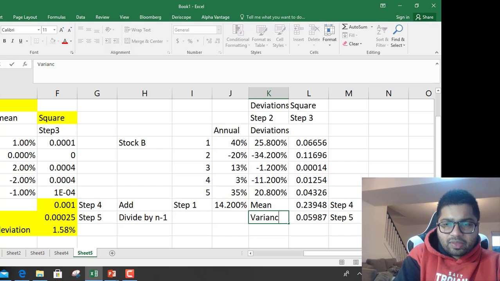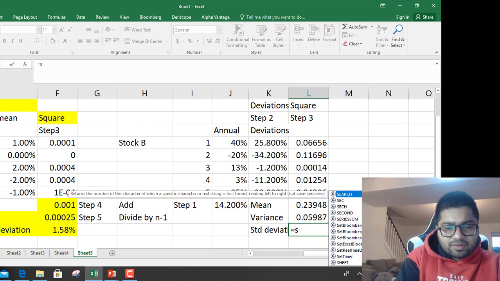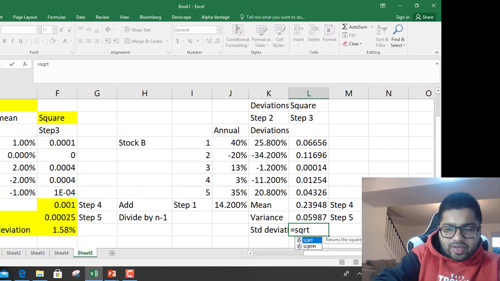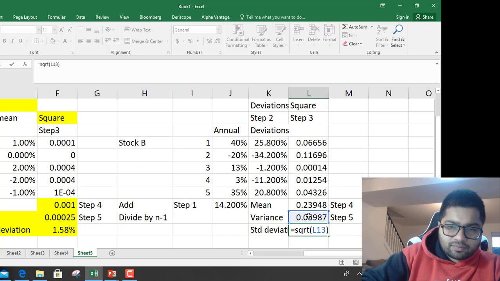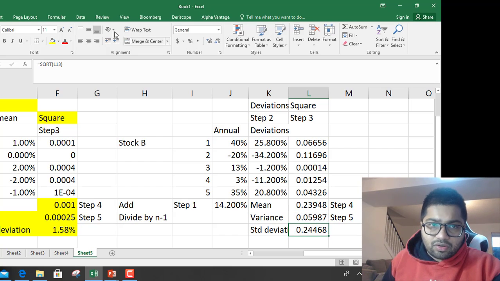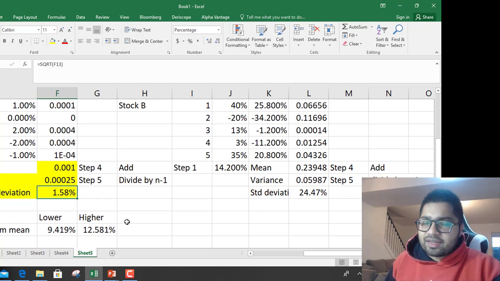And then we calculate standard deviation. So standard deviation is the square root of variance. So this stock has a risk of 24%, which is way higher than 1.58%.